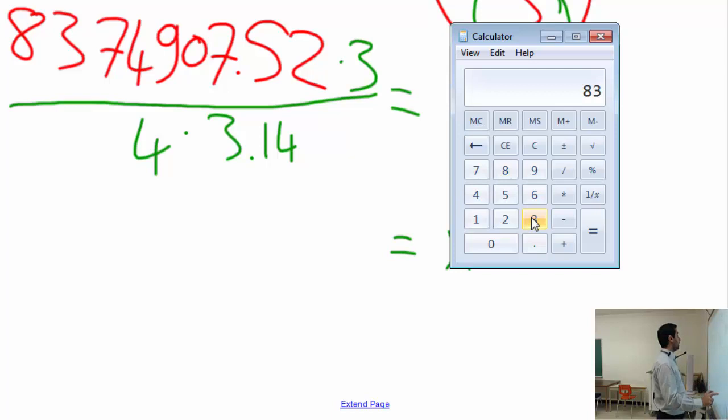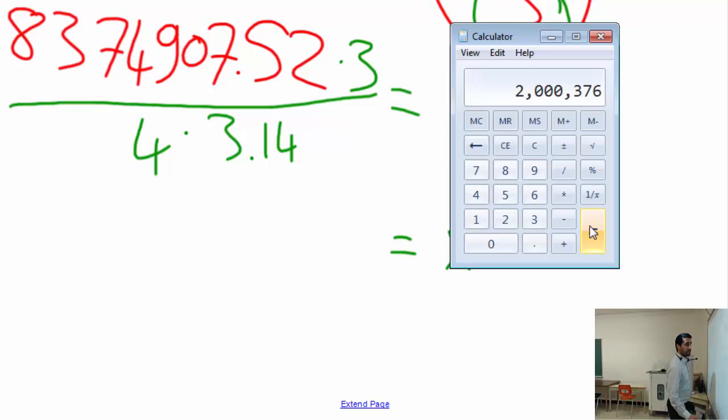8374,907.52 times 3. What's that? This. Divided by 4. What's that? This. And that number divided by 3.14. What's that? This. So now I just organize the left side.